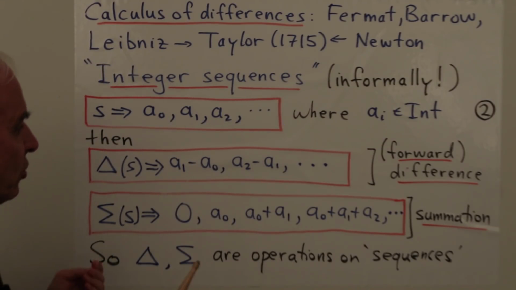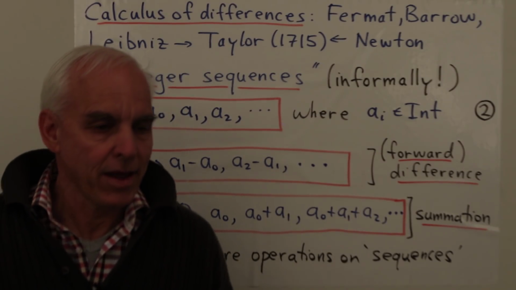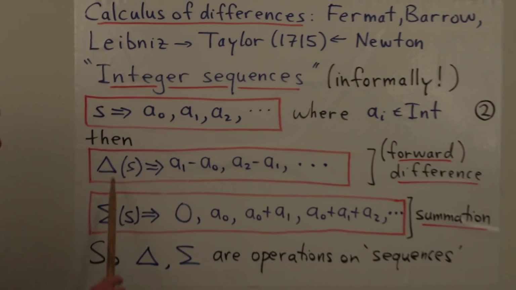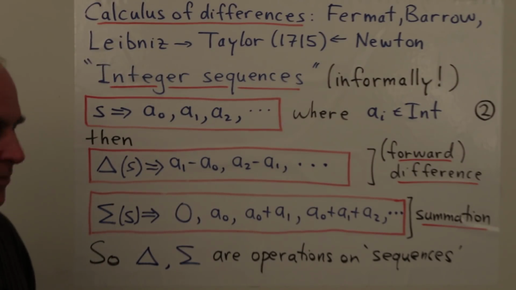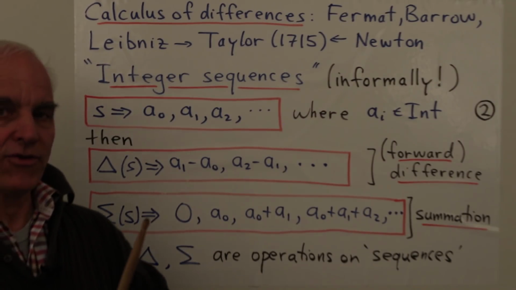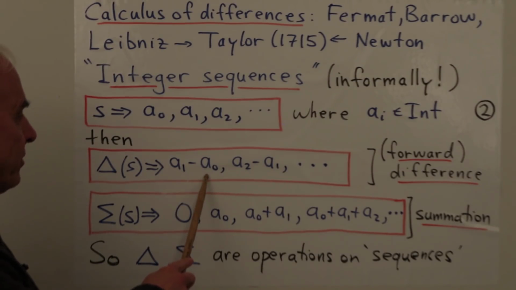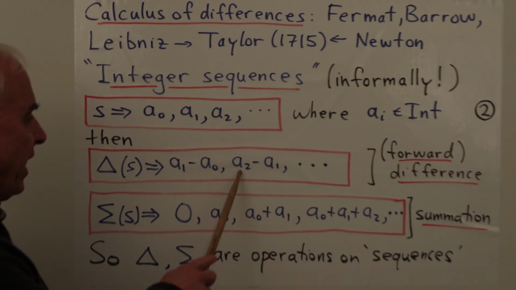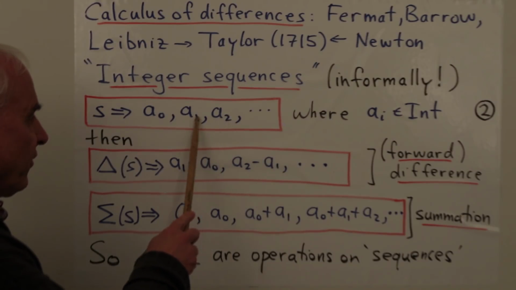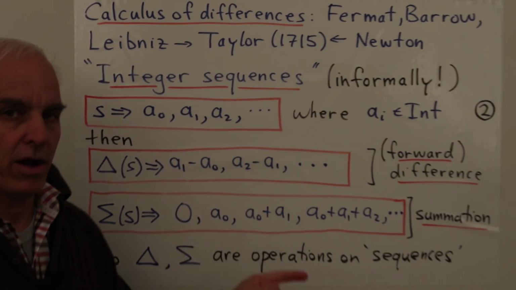So what can we do with such a sequence? In the calculus of differences, there are 2 crucial things that we can do, and they're both denoted by Greek letters. The delta of S is a new sequence whose terms are A1 minus A0, the difference here, then A2 minus A1, and then A3 minus A2, and so on.